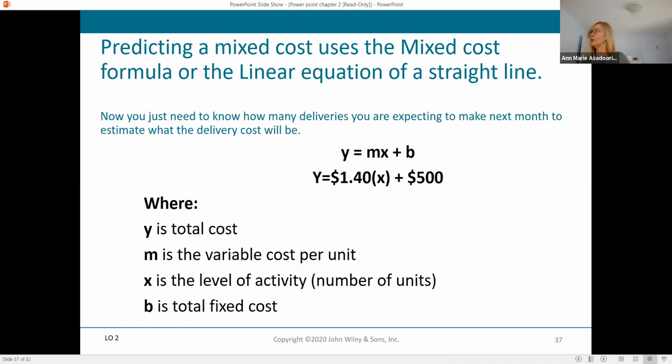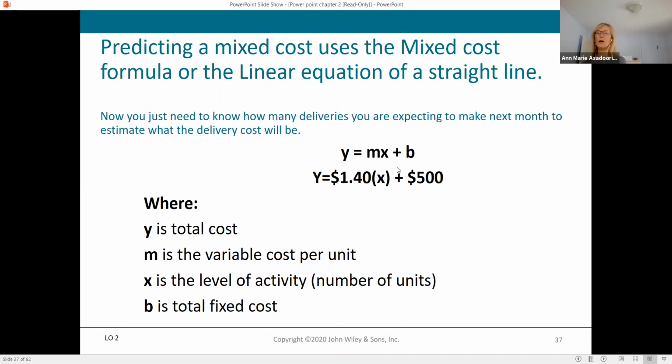Okay, so we're using the linear equation here, right? So what we're saying is delivery cost is going to behave like this straight line. So here's the linear equation, right? This is the equation for a straight line. So I know that the total cost, because Y is the total cost, total mixed cost, is going to be your variable cost per unit, which is constant, $1.40, we just calculated it, times expected volume.